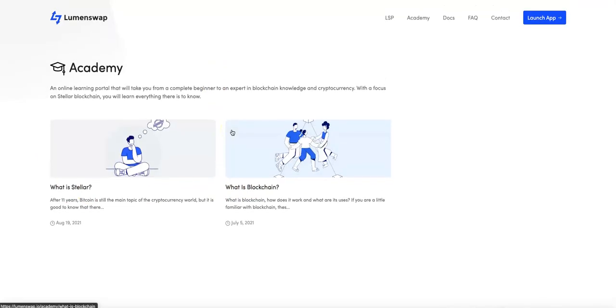So we're here to help you understand not just Lumenswap, but we're here to help you understand blockchain, our native network, that's Stellar. AMMs will be coming in the future, lending clients, assets, swapping, spot trading, all sorts of different things that we'll have for you in the future.